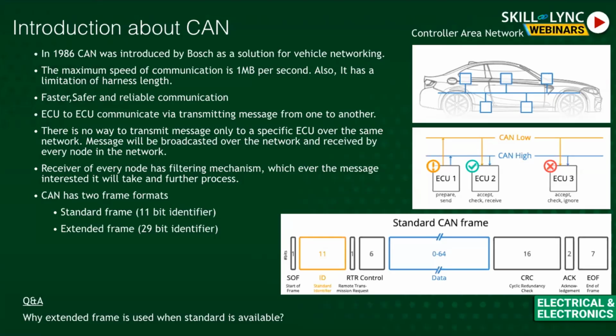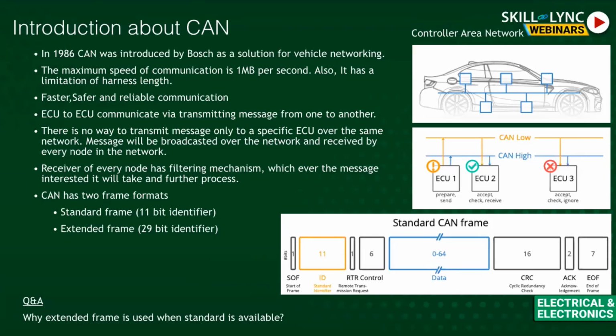And what exactly will happen? Let us say there is a message from the brake. The brake message will be sent over the CAN channels and delivered to every other ECU connected to the network. That means if you send a message, ECU1 also receives, ECU2 also receives, ECU3 also receives.